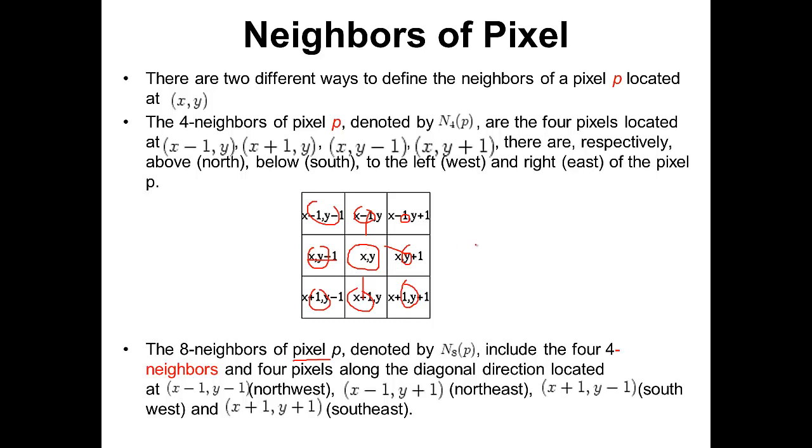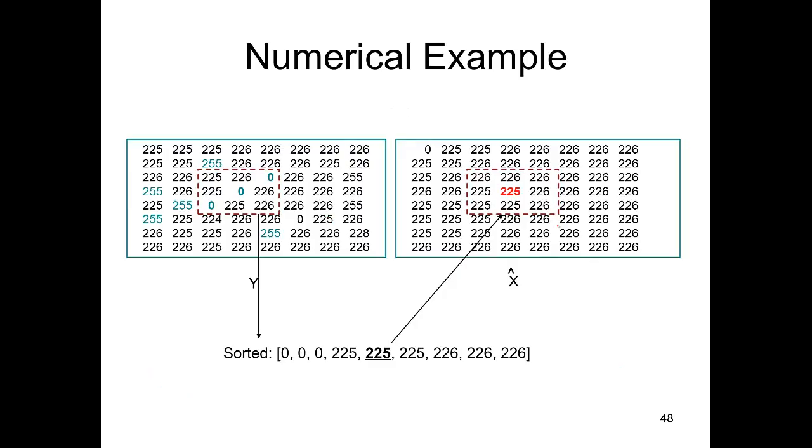So we totally have 9 pixels in the neighborhood. After you have this concept, then we can discuss the median filter.